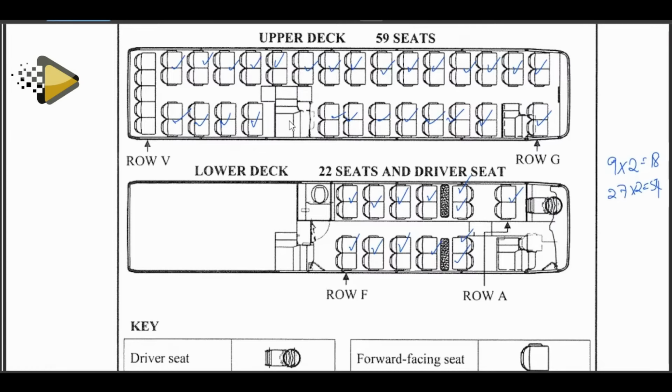Then you add on 1, 2, 3, 4, 5, plus 5. So 18 plus, you get 69.